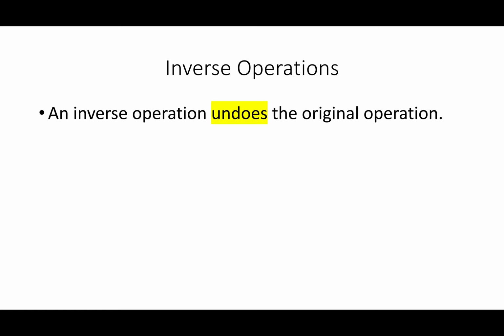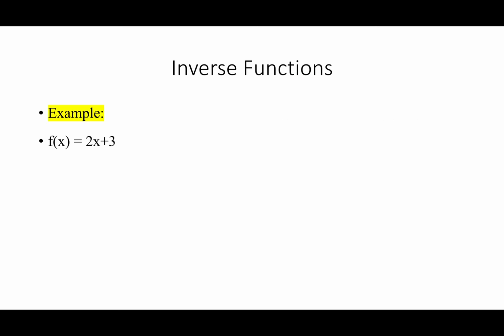So let's apply what we know about inverse operations to inverse functions. I think we'll see a nice connection here. As we looked at earlier, we had a function f of x equals 2x plus 3. First, let's look at what this function is doing so that we can undo it. I'm going to write f of x and a line here, and on this line I'll state what our function is doing.